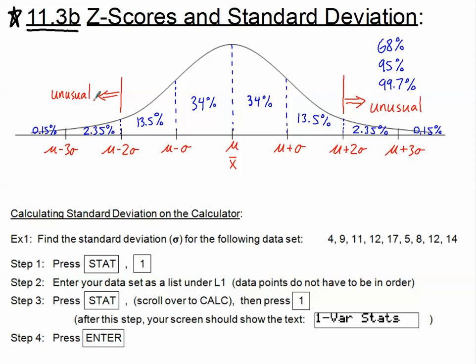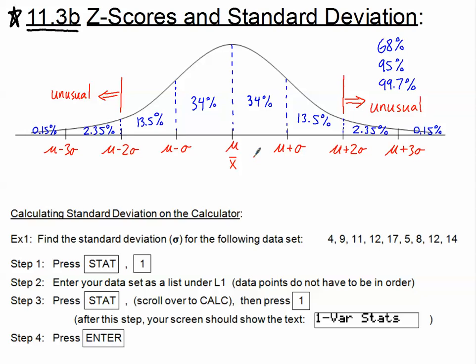So anything that's lower than 2 standard deviations from the mean or greater than 2 standard deviations from the mean is considered unusual. You can see that there's 2.5% of unusual data up here and 2.5% of unusual data down here. So that's just a quick review of what we learned in a previous tutorial about our normal curve and each of the percentages in these regions.